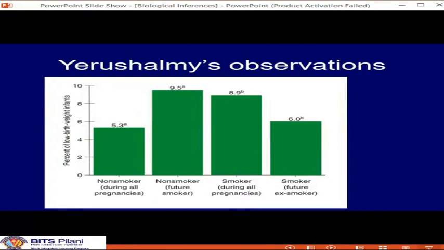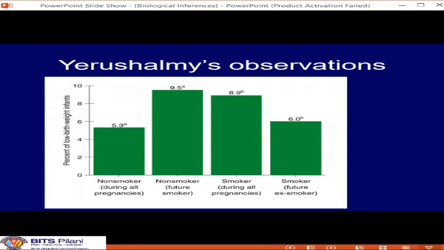The second group were people who didn't smoke during this pregnancy, but smoked in subsequent pregnancies or smoked in the future. Some people smoked during this current pregnancy and continued to smoke. They were called smokers. And some people smoked during this pregnancy and didn't smoke during a future pregnancy.